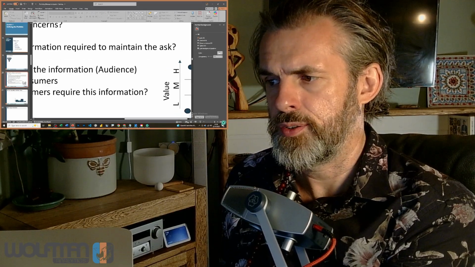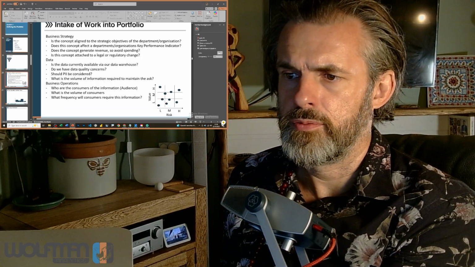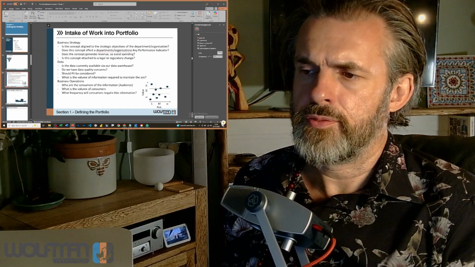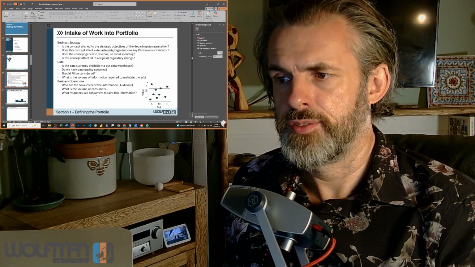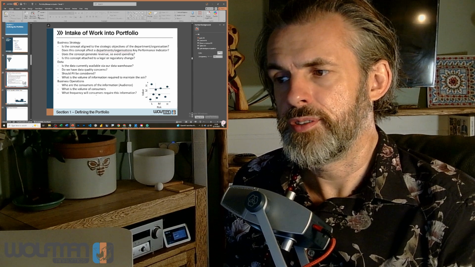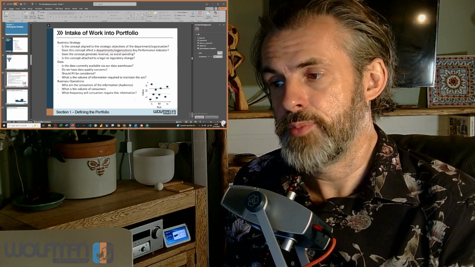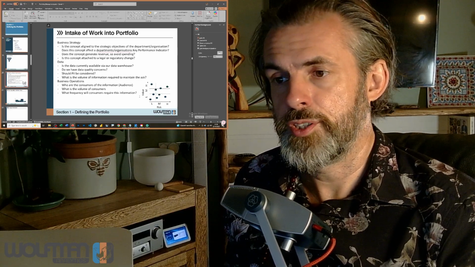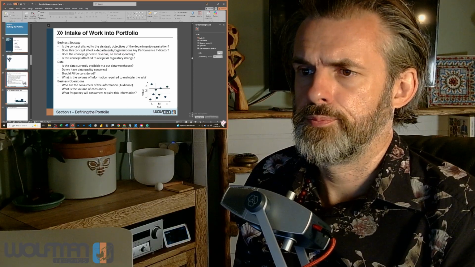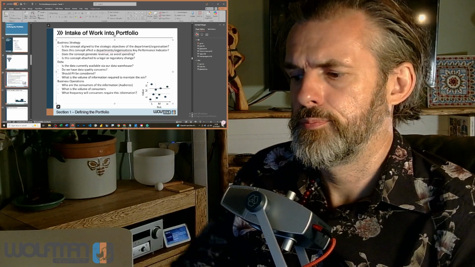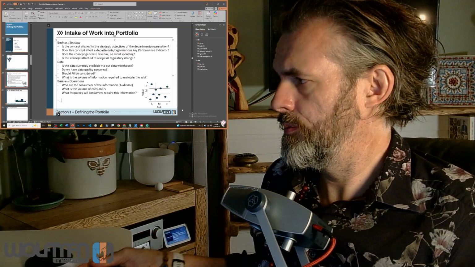We want to get to this prioritization matrix here, but we're still some ways off. We need to flesh out these questions a little bit more. We need to generate answers to the questions. We need to determine which questions are determining value and which questions are determining risk. So actually let's put that down here.